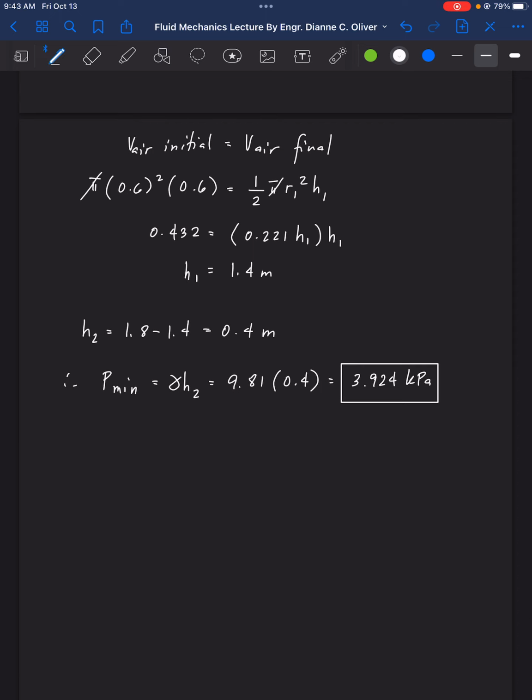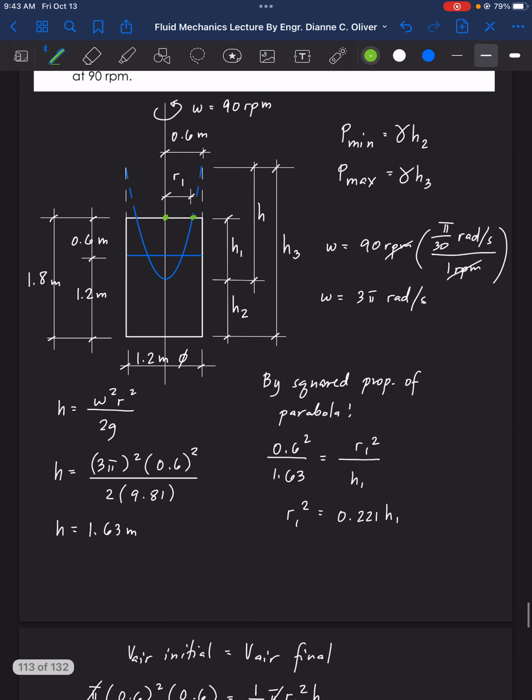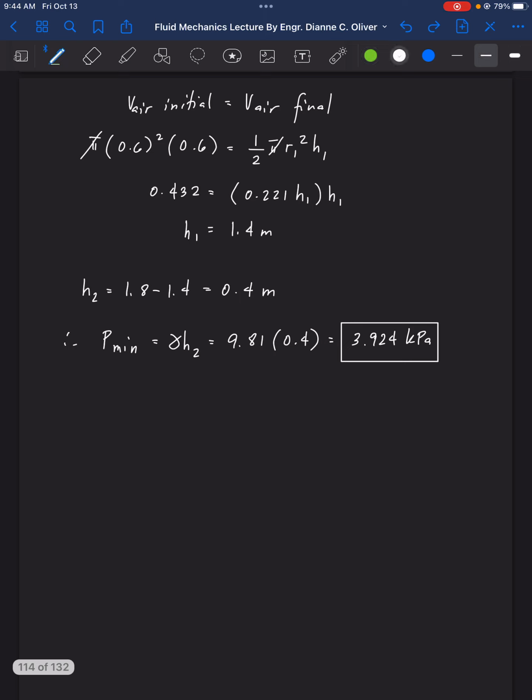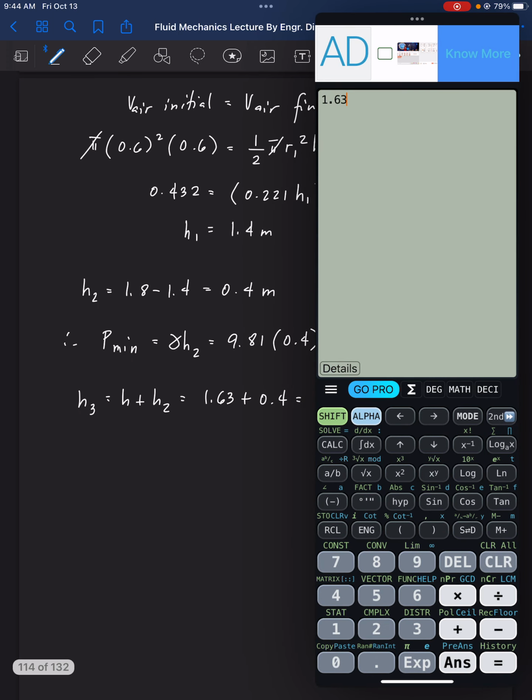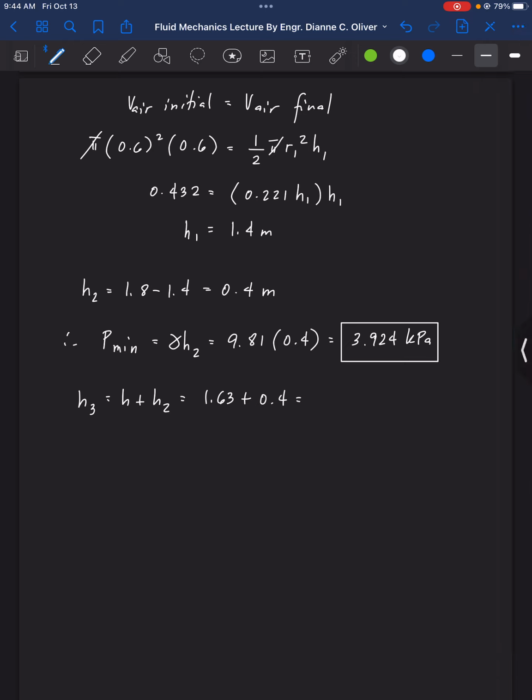And for H3, we can now get the value for H3. So this is our H3. H3 is equal to H plus H2. That is equal to H is 1.63 plus our H2 is 0.4, that is equal to 2.03 meter.